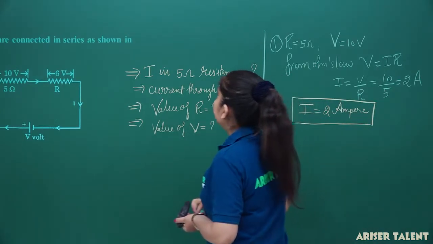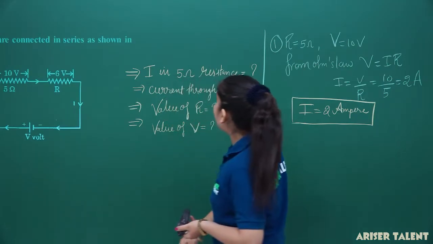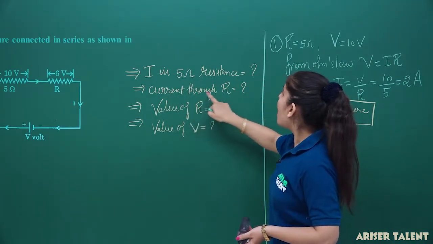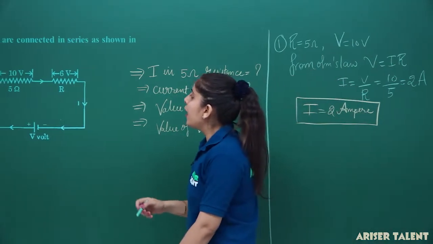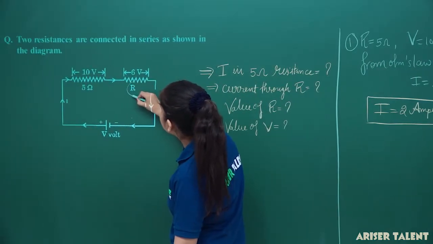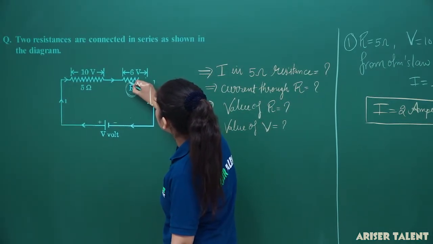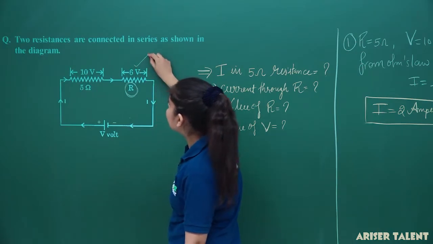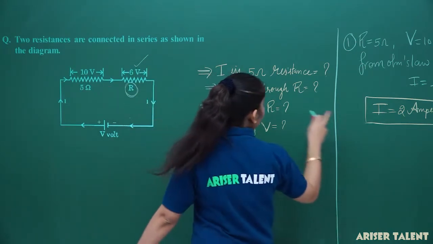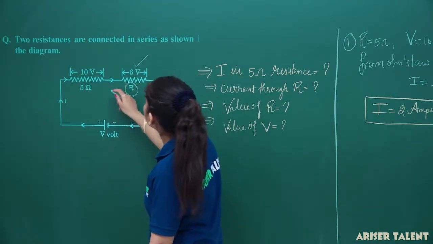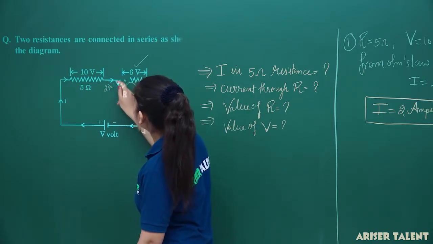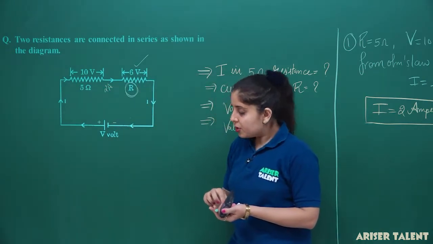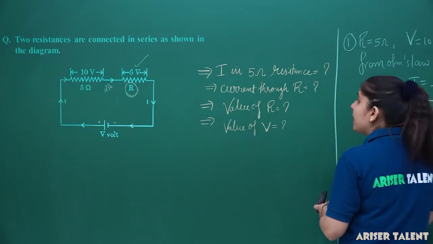Now, let us move to the second part we have, current through R. You have to calculate the current in this resistor. For this resistor, we have a voltage value of 6 volt and the current passing here is 2 ampere. We have calculated that the current is 2 ampere. So, let's begin the second part here.